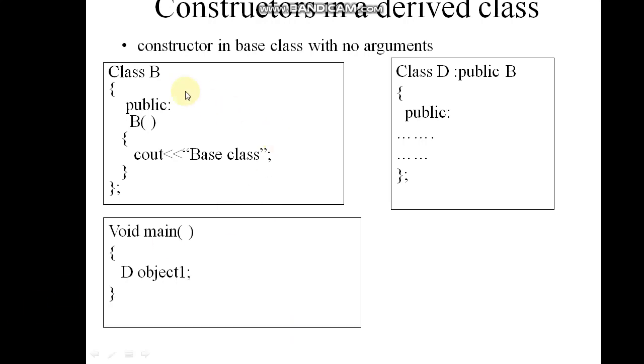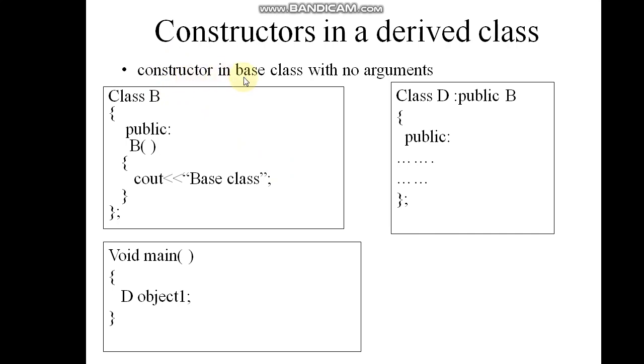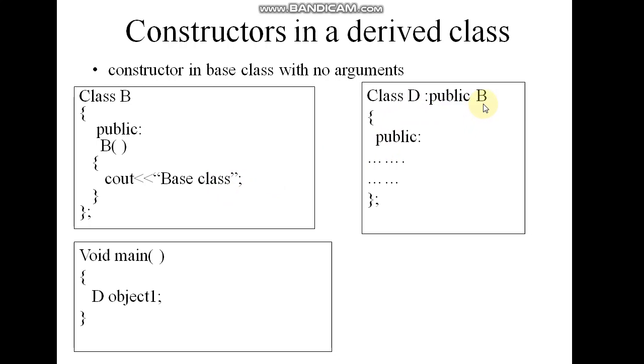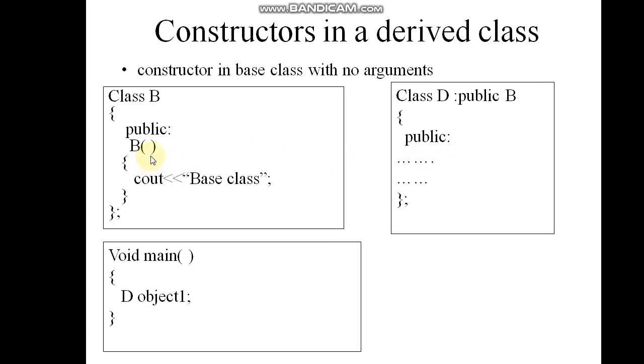This is the example where there is a constructor in base class which does not take any argument. B is a base class which has a constructor which is a default constructor and which displays base class in it. Then D is a derived class which is inherited from the base class B, and this need not have any constructor function as it does not have to pass any argument to the base class constructor.